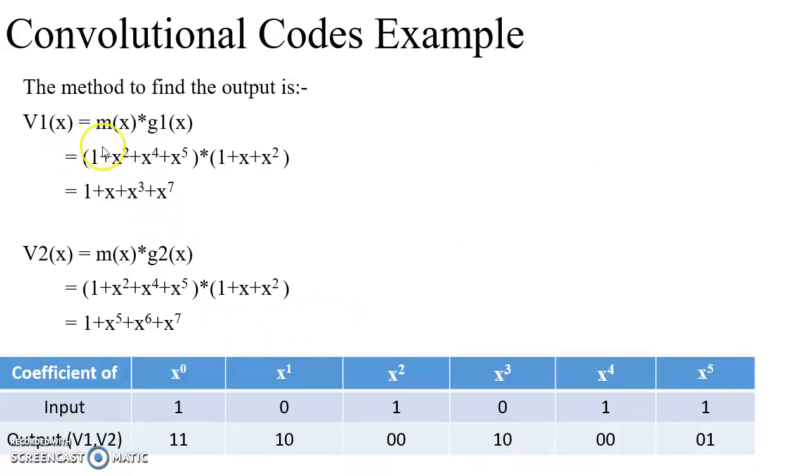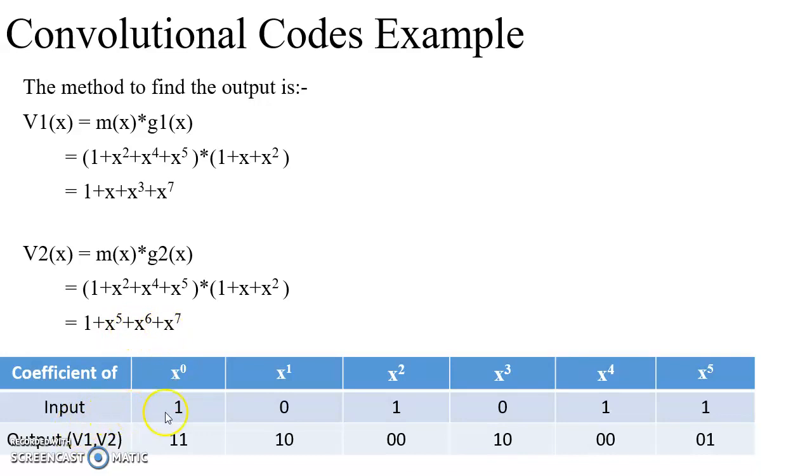I'll mark v1 and v2 with the arrows here. So this is how we have to multiply it. v1 of x comes out to be 1 plus x cube plus x raised to 7, and v2 of x, which is equal to m of x into g2 of x, is equal to 1 plus x raised to 5 plus x raised to 6 plus x raised to 7.